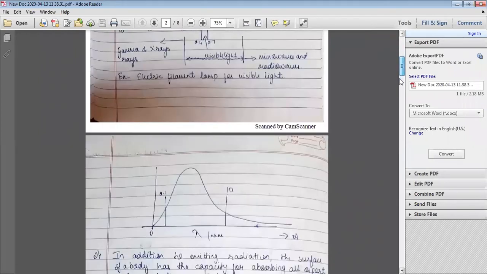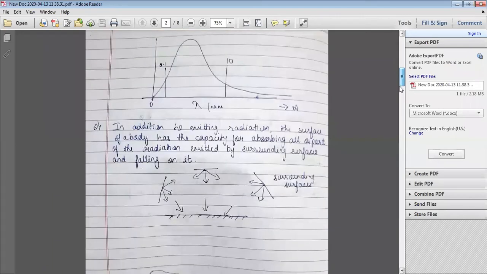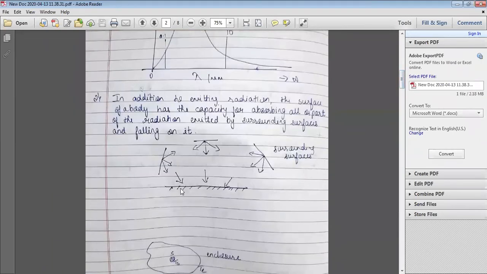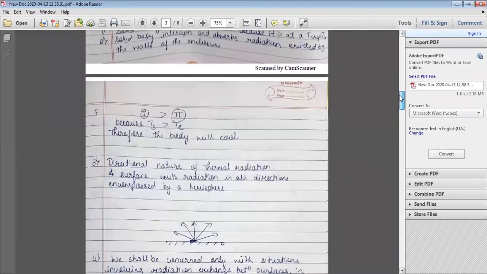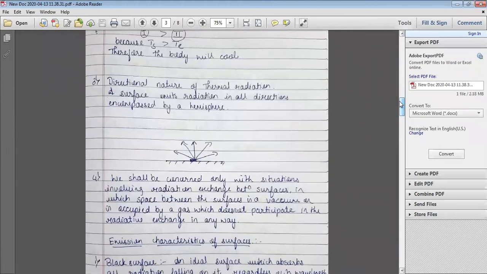The second basic concept: in addition to emitting radiation, the surface has a capacity of absorbing all or part of the radiation emitted by the surrounding surfaces falling on it. The third one is the directional nature: the surface emits radiation in all directions encompassed by a hemisphere.